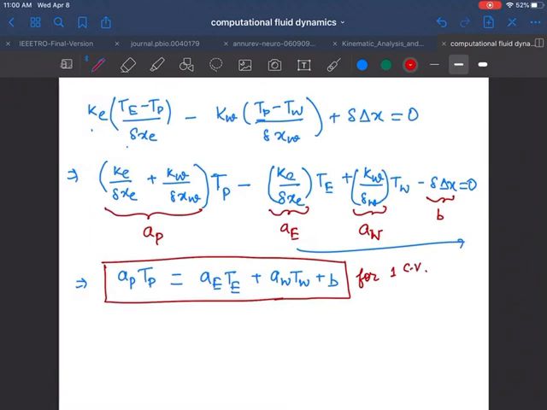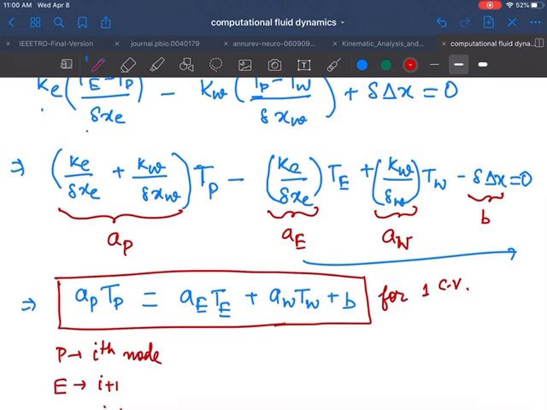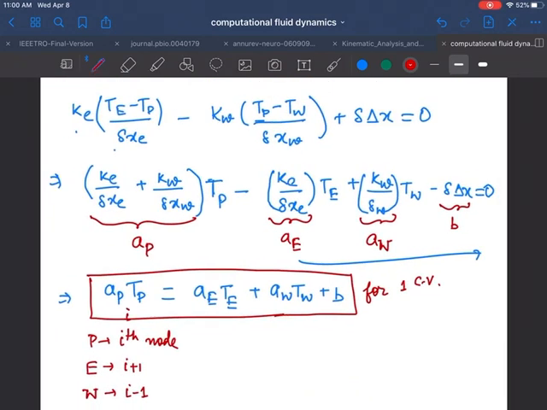Essentially if P is your ith node, capital E is your i plus 1th node, capital W is your i minus 1th node. So essentially this is for the ith term, this is your i plus 1th term, this is your i minus 1th term.